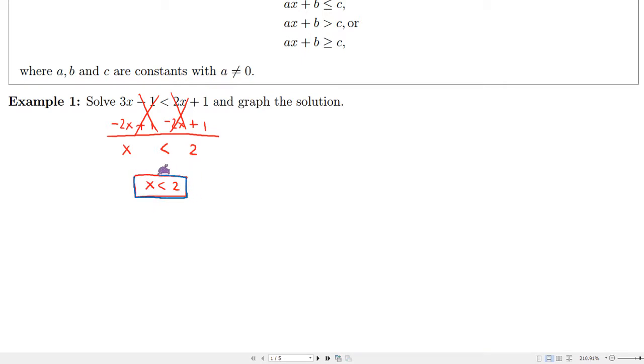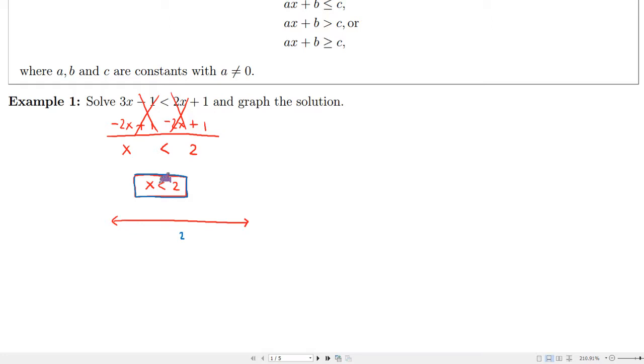But another way that we can represent this is using a real number line and a graph. If we have a real number line, we could denote this inequality on it. So how would we do that? Well, we could label 2.